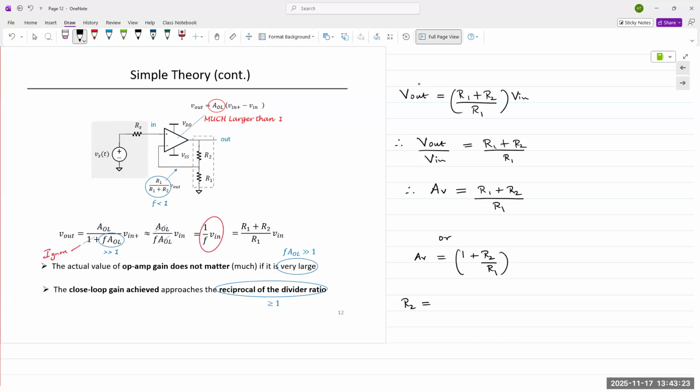R2 sometimes is also referred to as RF, the feedback resistor. And R1 is sometimes referred to as RI, the input resistor.